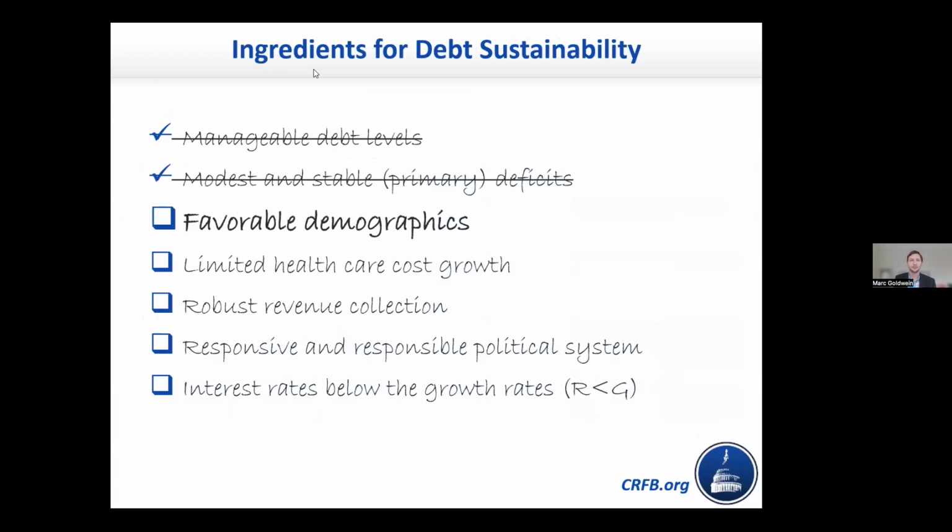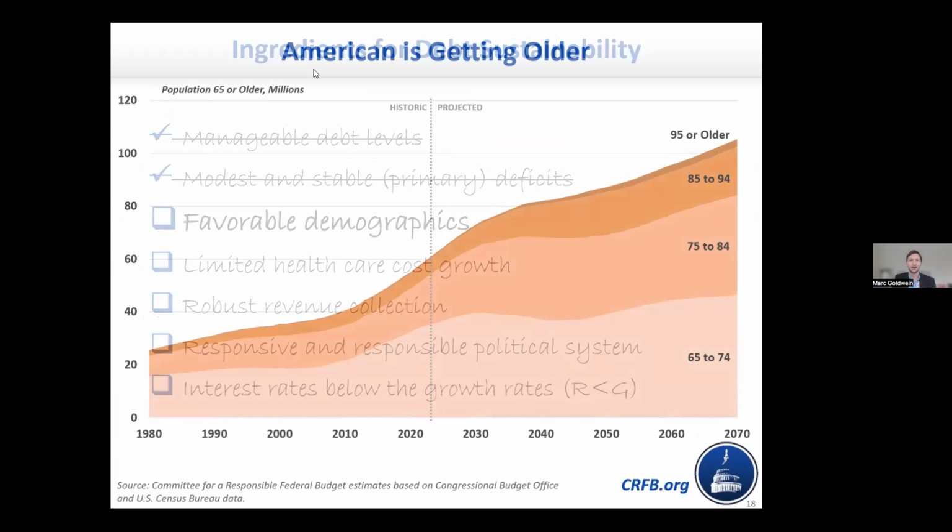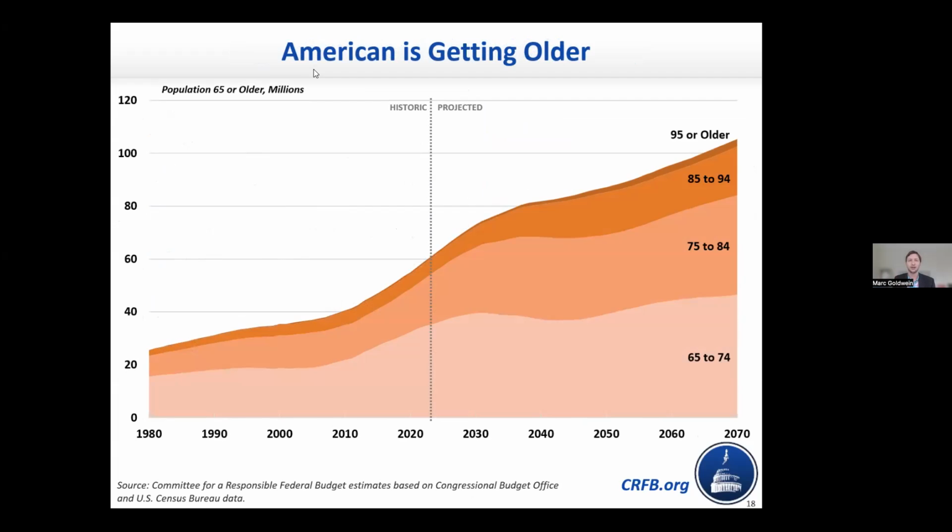But what about the future? A country that has favorable demographics can count on strong growth, strong future revenue collection, as a way to dig itself out. Unfortunately, that country is not us. We are getting older as a society. Our population is essentially no longer growing, or it's barely growing.